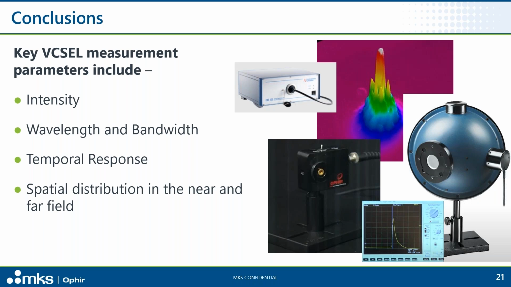Spatial characteristics of the emitted light may be measured with beam profiling applications using cameras and specialized optical accessories that capture the near and far field images and analyze them for size, shape, and divergence properties.